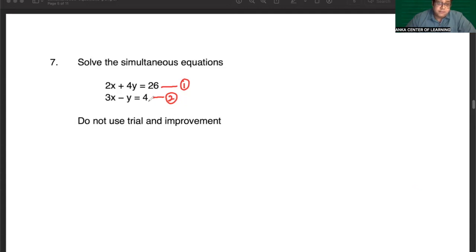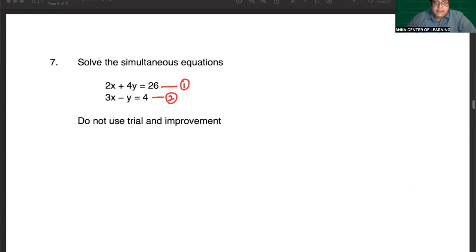For example, you can consider multiplying equation 2 by 4. You multiply all the terms by 4, and then you build another equation, and then you can eliminate considering equation 1 and equation 3. That is your new equation.